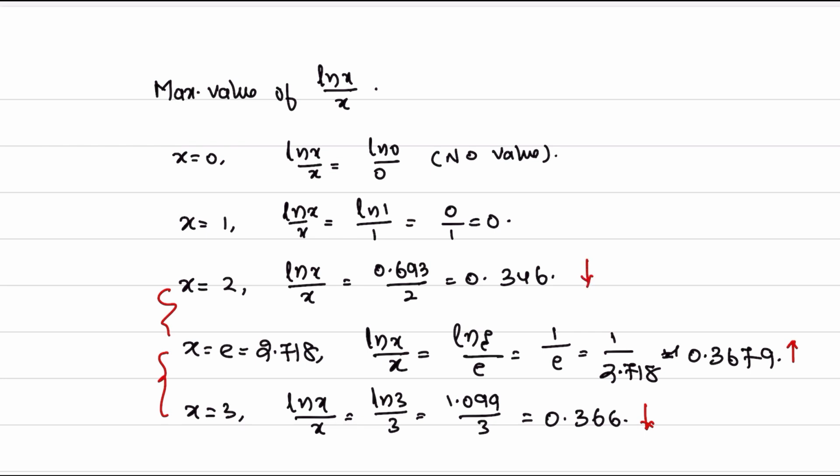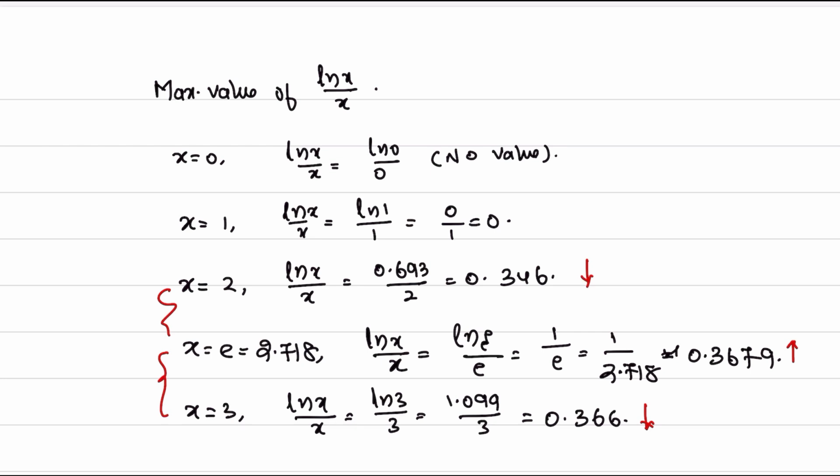That means there is a value between 2 and 3, a maximum value, and it's almost equal to e. Because when x is equal to 3, the value is 0.366. When x is equal to 2, it is 0.346. And when x is equal to e, it is 0.3679.